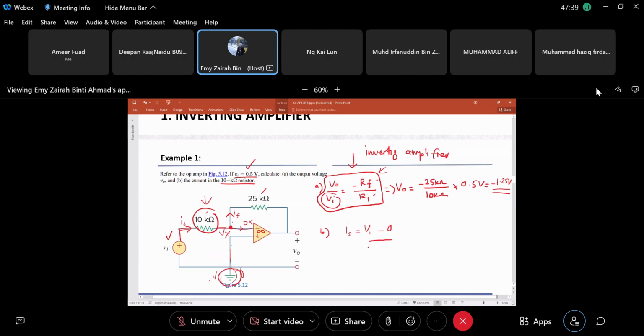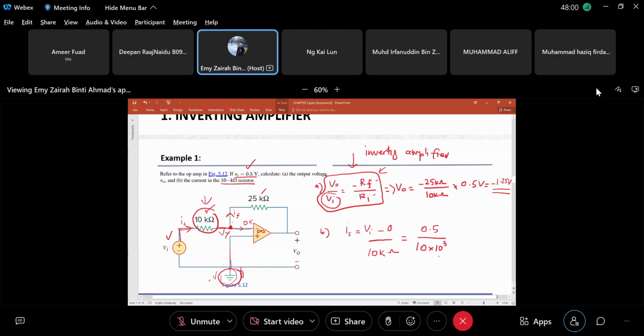And then divided by this resistor, 10 kilo ohm. So V input was given as 0.5 divided by 10 to the power of 3.